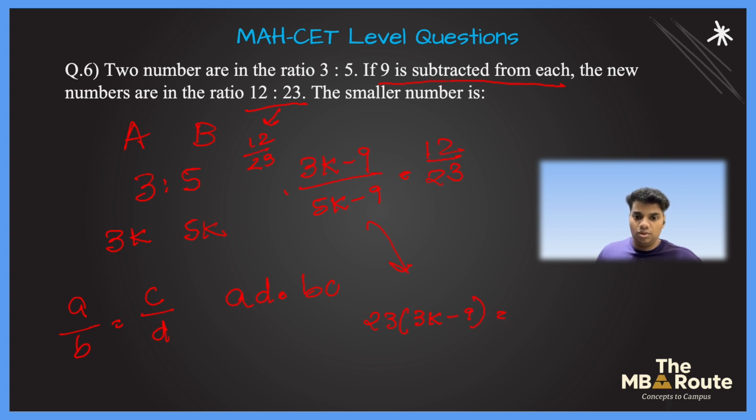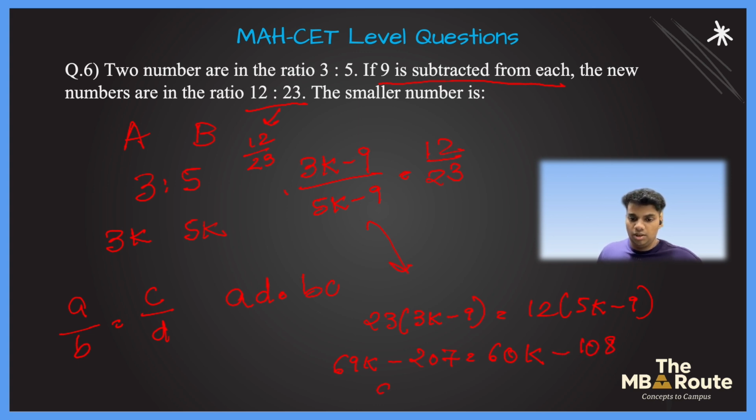It should be equal to 12 into 5k minus 9. This would be 69k minus 23 into 9, that is 207, and 12 by the 60k minus 108.